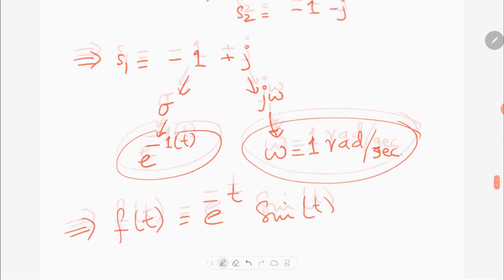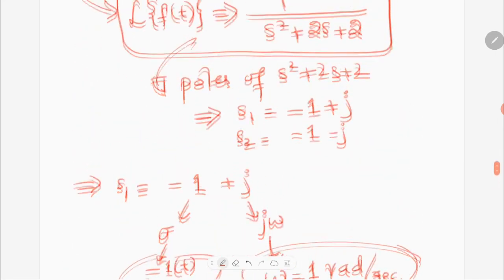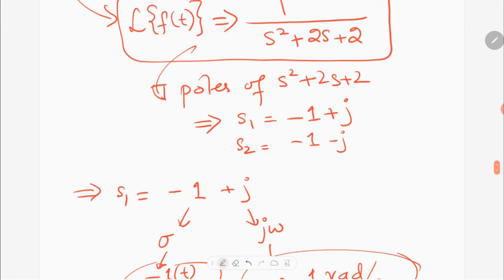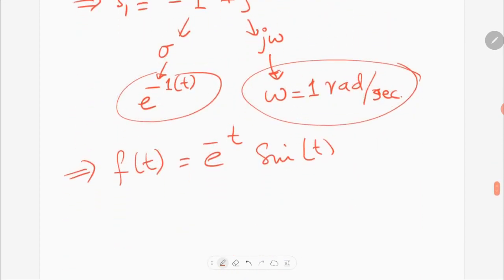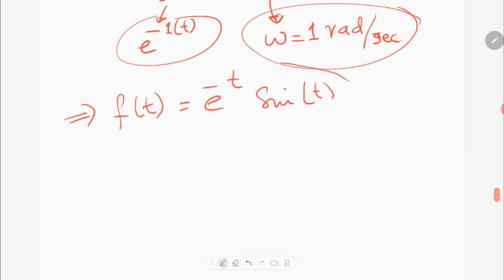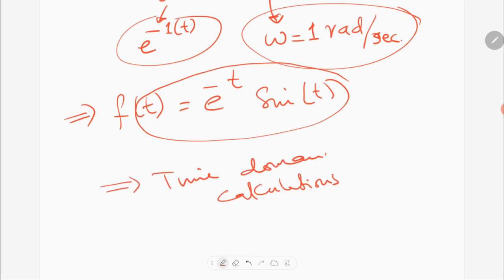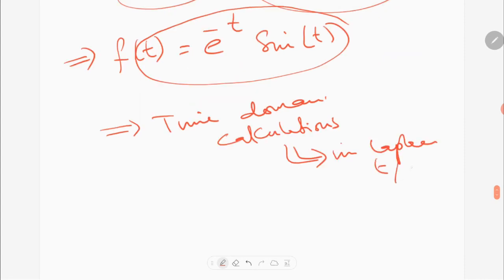So I hope this s variable would make a little bit more sense than we had before, right? This is not as much of a mystery as of now, what this s is. This makes these time domain calculations simple. When in Laplace transform, they simply become algebraic.